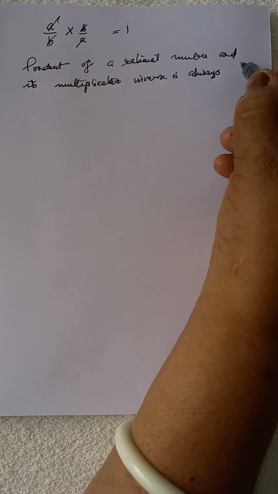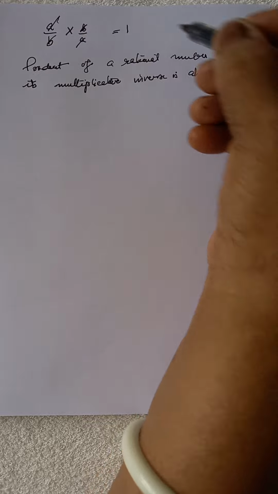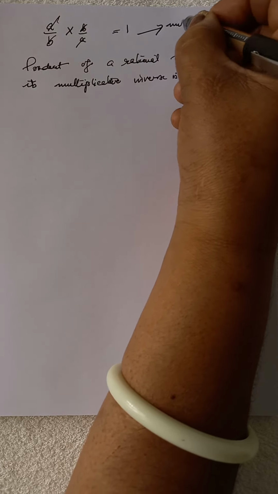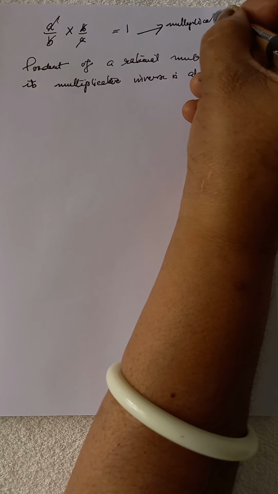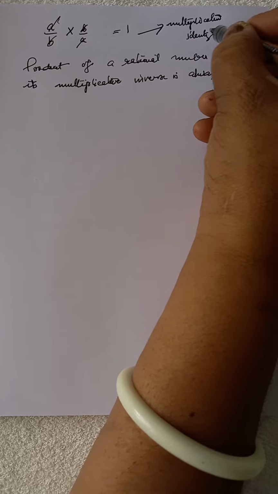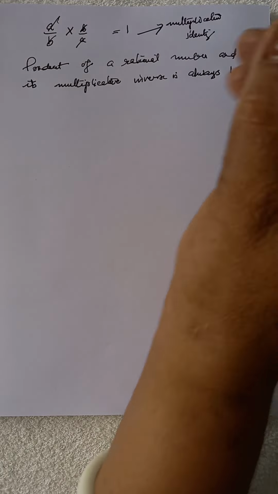Here 1 is called the multiplicative identity or identity element for multiplication of rational numbers. Like that also we'll see.